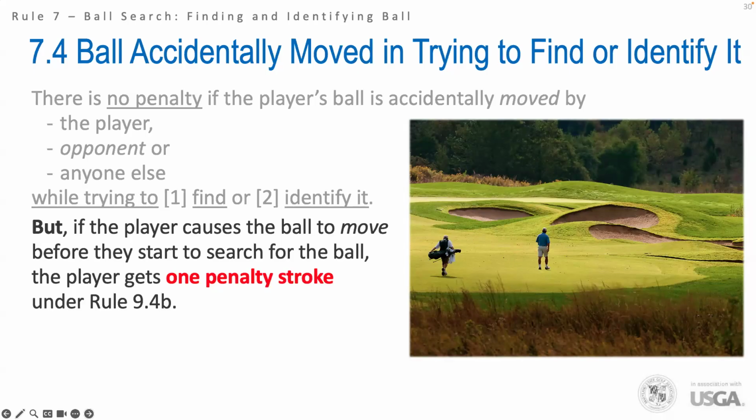Unfortunately, we are going to be on the hook for that one penalty stroke. I know it seems a bit unfair, but we want to make sure we're in the area where we think our ball might be before we start to search and then before we identify it. So here we can see in this picture, the player and caddy have not started to search for the ball.